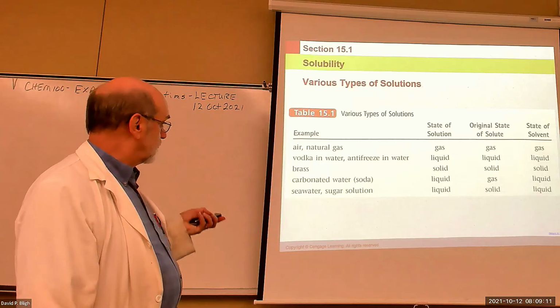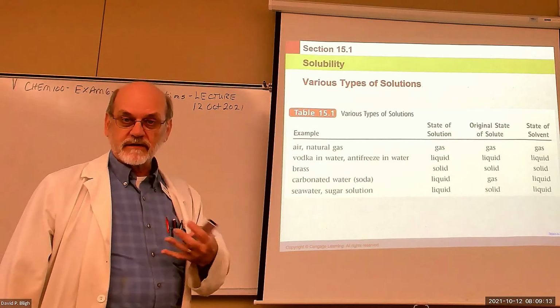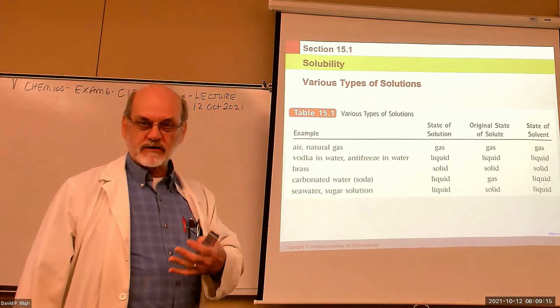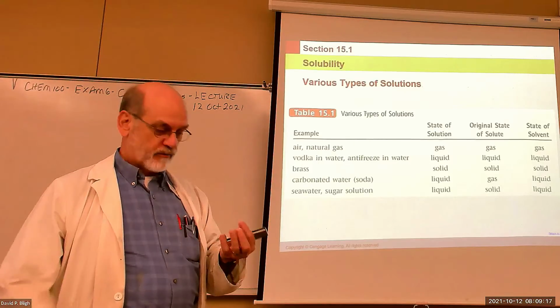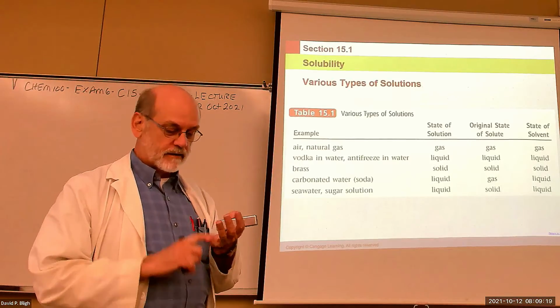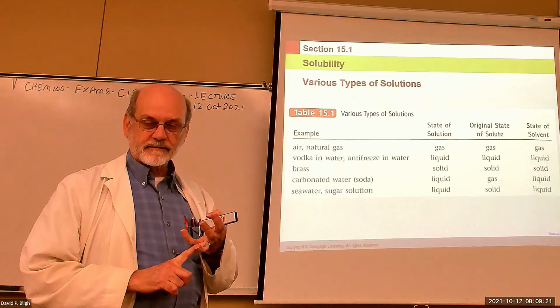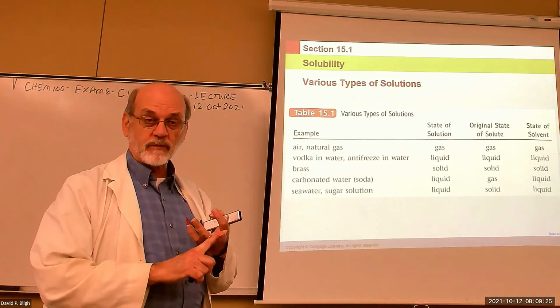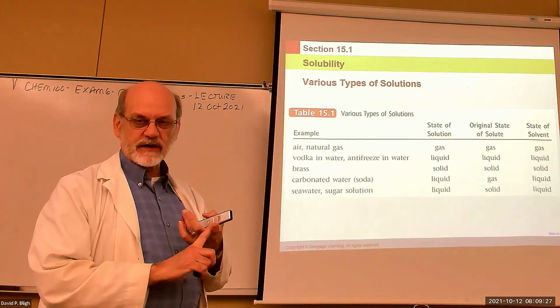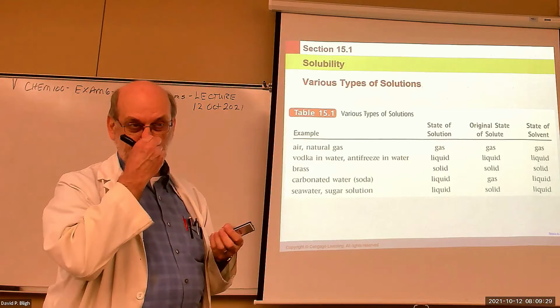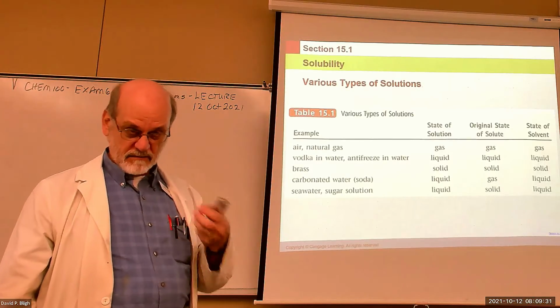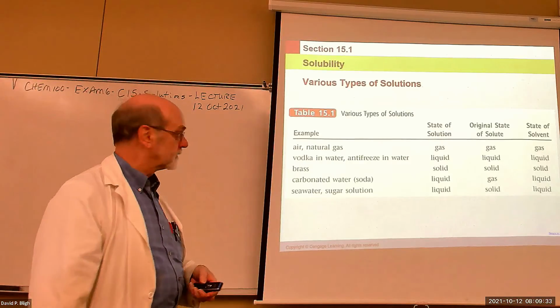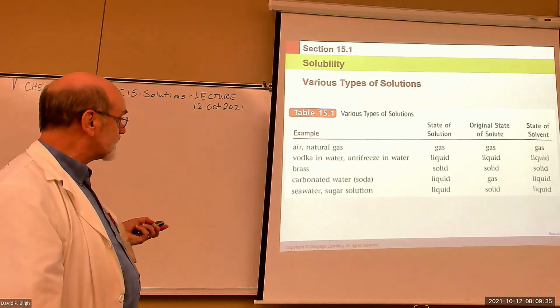For instance, the air we breathe is a homogeneous mixture. It is a solution of primarily nitrogen and oxygen. But there are some other minor components like argon is about 1%. And then other things like carbon dioxide and various other trace gases. But that is a solution.